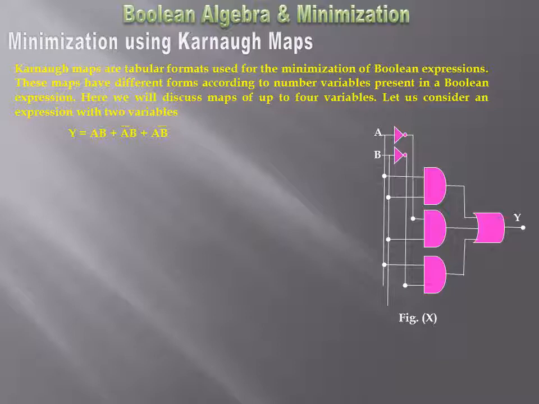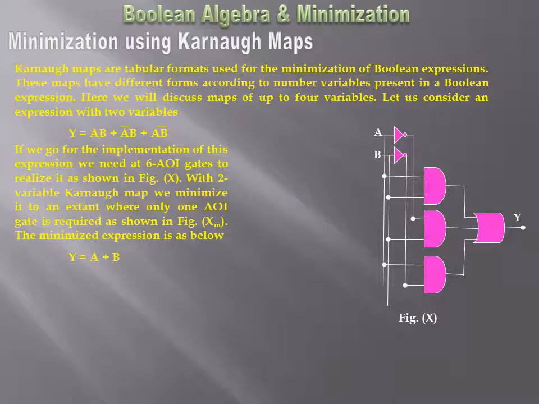So then if we take B common from the first two terms and A from the last two terms, we can solve this expression. It will be a simple y equal to A or B.